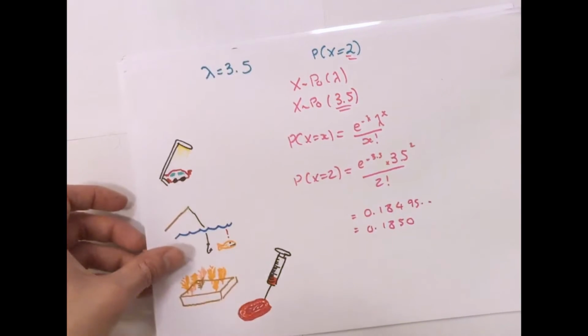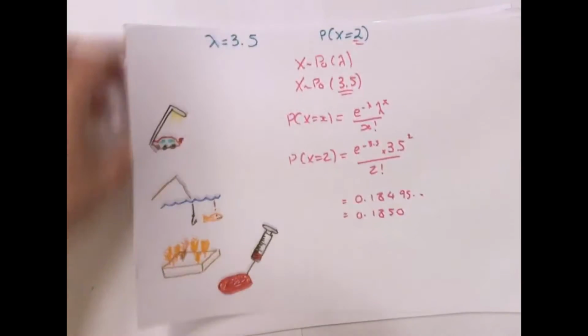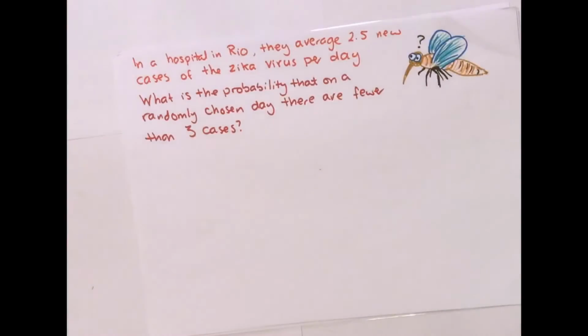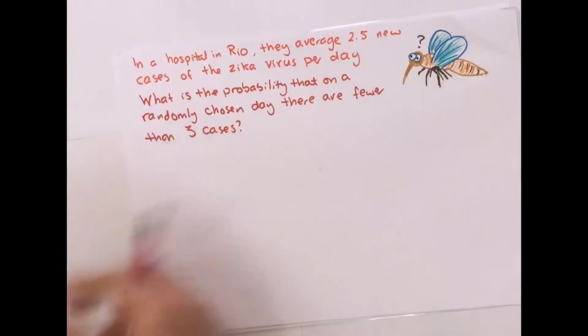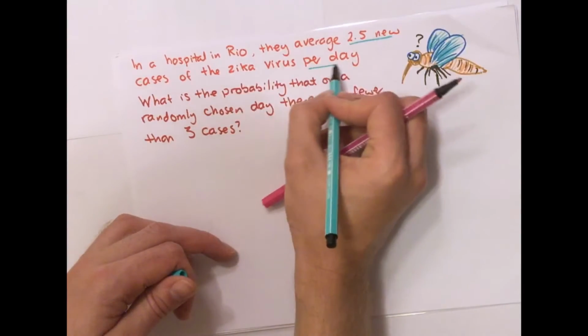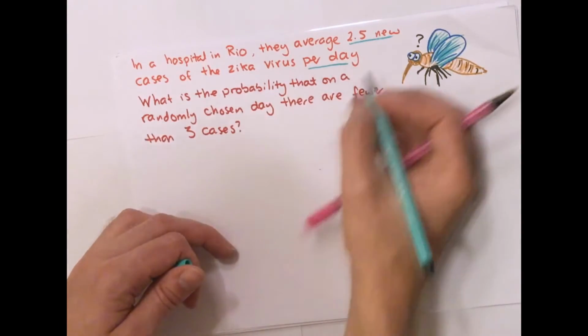Let's look at this in a practical context. So back to our glorious, happy, fun, exciting idea of the Zika virus. Sorry it's such a depressing example today. In a hospital in Rio, they average 2.5 new cases per day. Per day tells you it's a rate, an average.